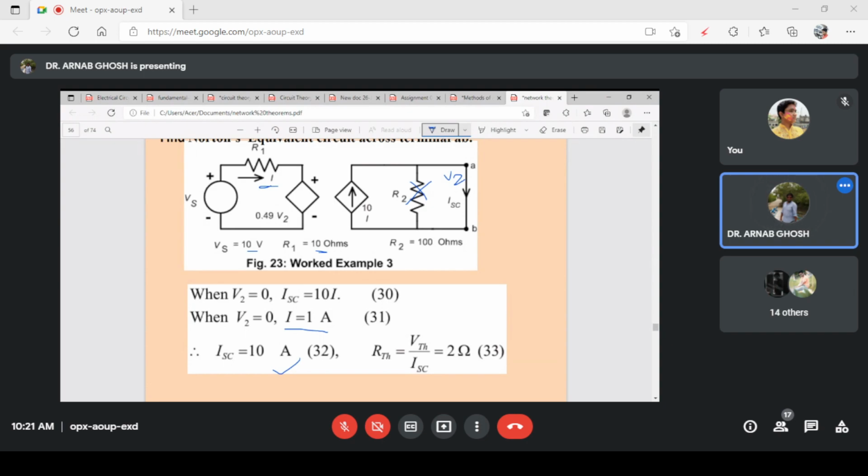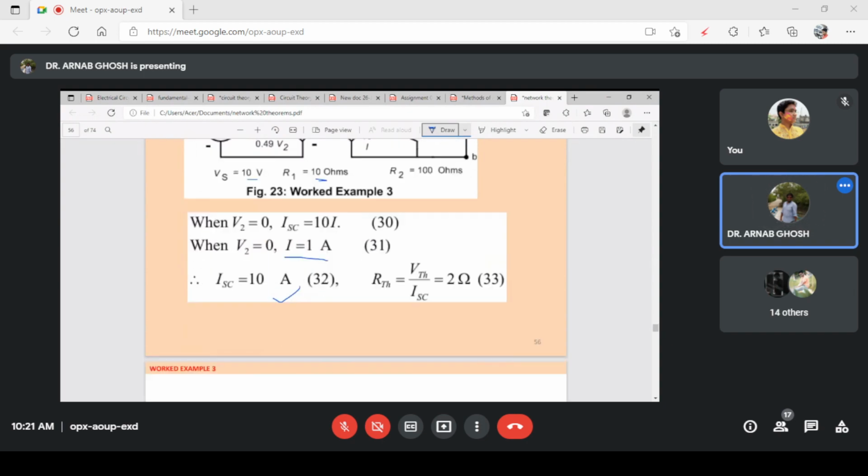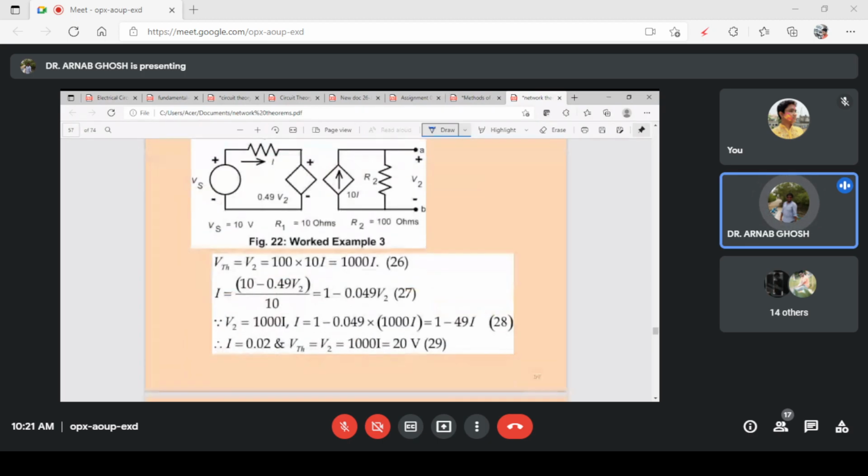Right. Next, we will be calculating VTH. How do we calculate VTH? We have to open circuit V2. Once we open circuit V2, we are considering the open circuit voltage. So what is the open circuit voltage? It will be I multiplied by R, that is 10I multiplied by 100, so 1000I.